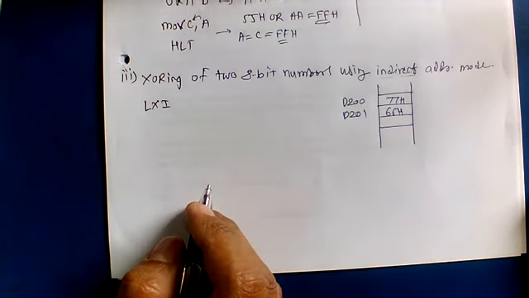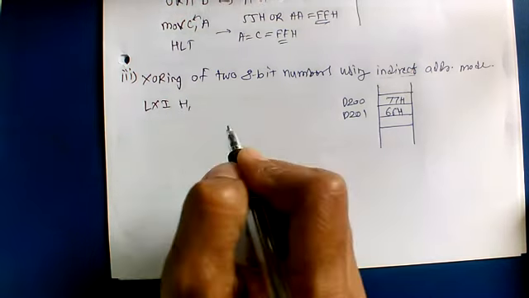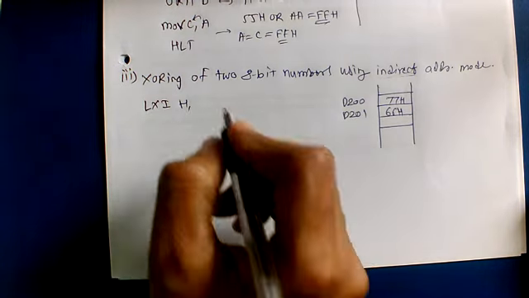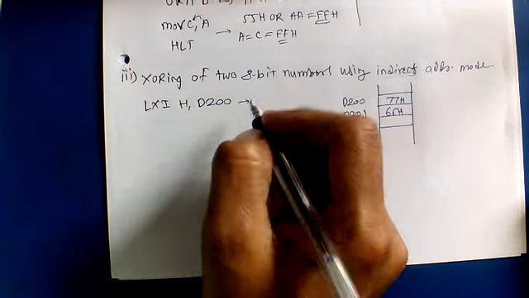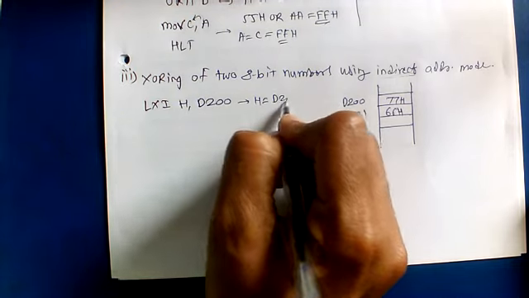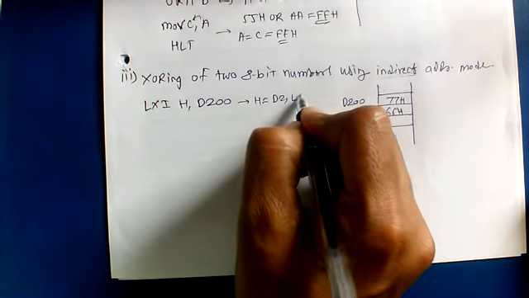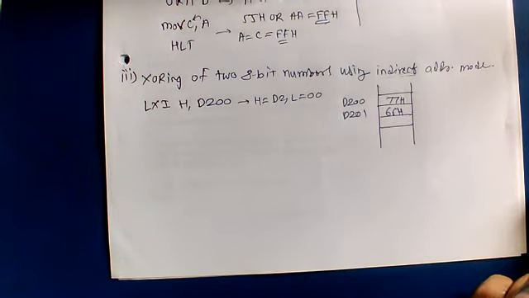The first instruction is LXI H, D200. After the execution, in H you will get D2 and in L you will get 00.